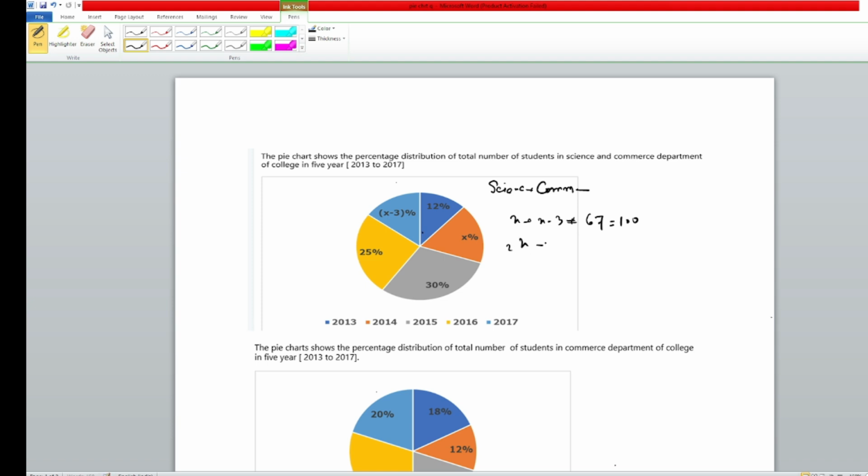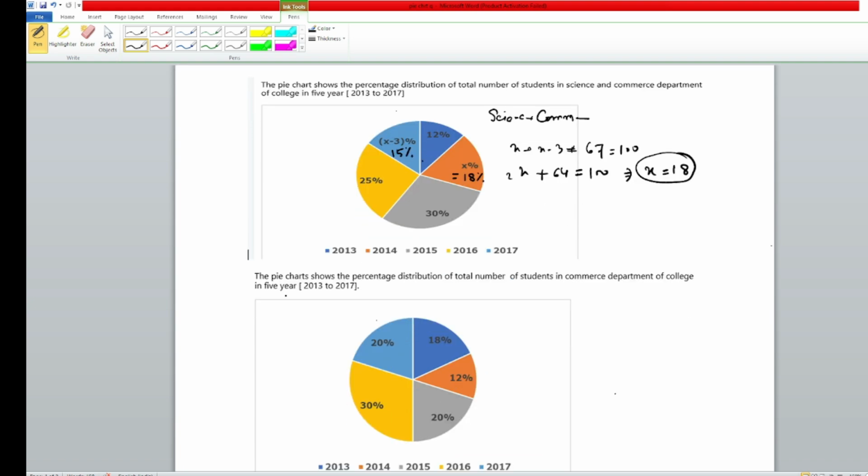So 2x plus 67 minus 3, that is 2x plus 64, is equal to 100. From here we get x is equal to 36 by 2, that is 18. So x equals 18% and x minus 3 equals 15%. So this completes the pie chart percentages.